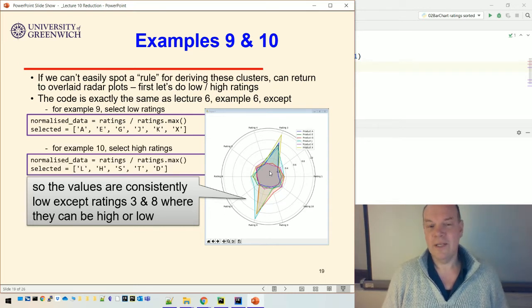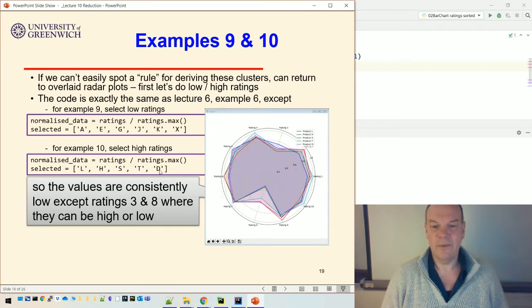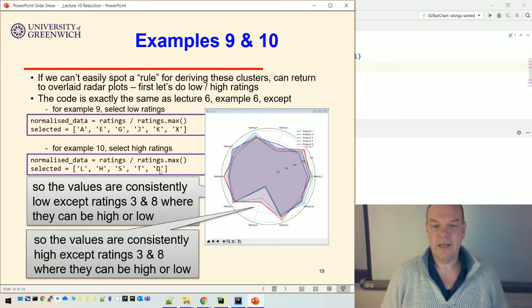If we do the high ratings, so same code but now we've picked out the high ratings, what happens there? Actually, we get a very similar picture. The ratings for these products are consistently high, except for 3 and 8, where they can be high, or sort of medium, or low. On rating 3, they kind of look like they're all medium.